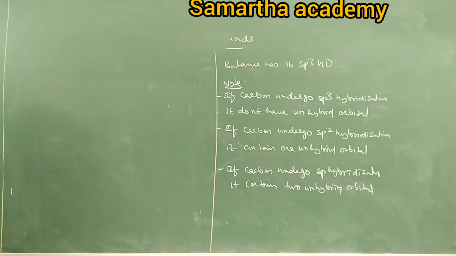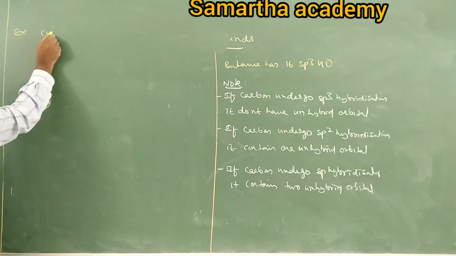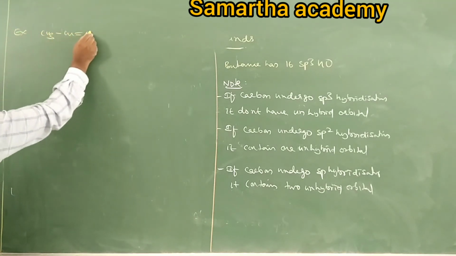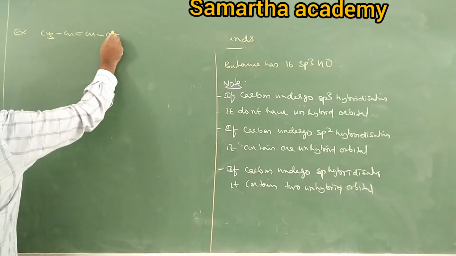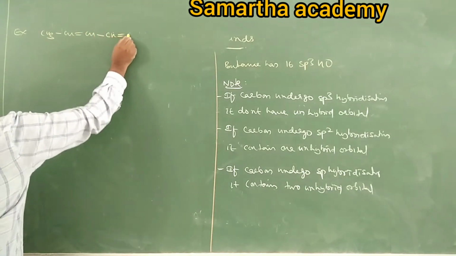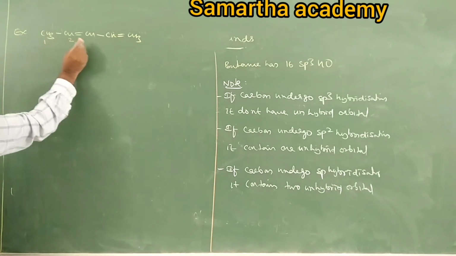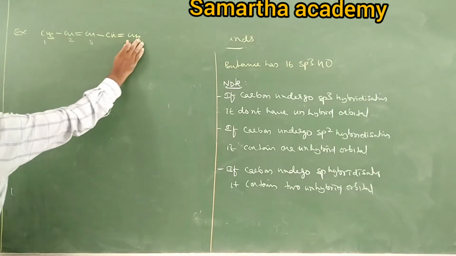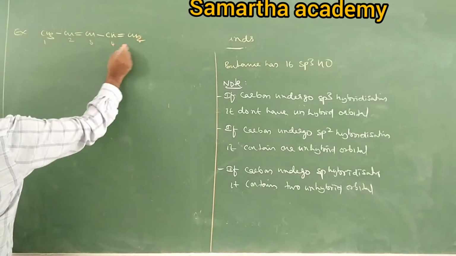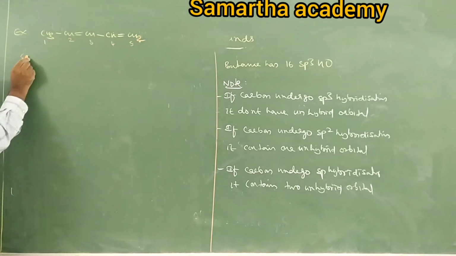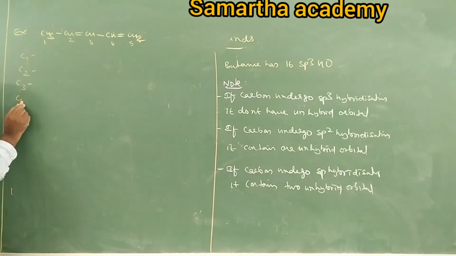Right, one example: CH3 CH double bond CH CH double bond CH3. It is 1, 2, 3, 4, 5. Come on, tell me. C1, C2, C3, C4, C5. What is the hybridization of C1 to C5?